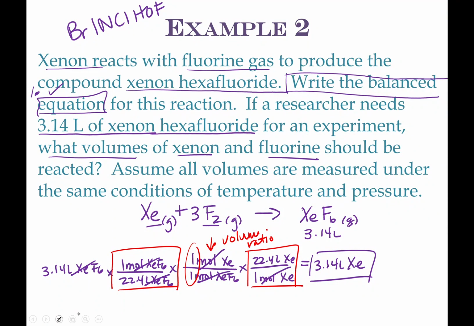So the next one says 3.14 liters of XeF6 are required. For every 1 liter of XeF6 that's required, I need 3 liters of F2. And again, it doesn't have to be in liters, it can be in any volume unit. So 3.14 times 3 is 9.42 liters of F2.